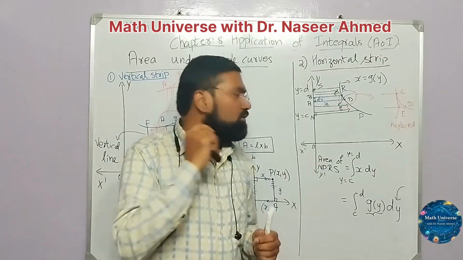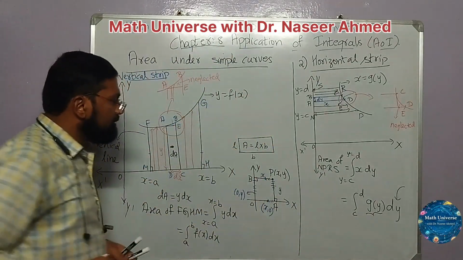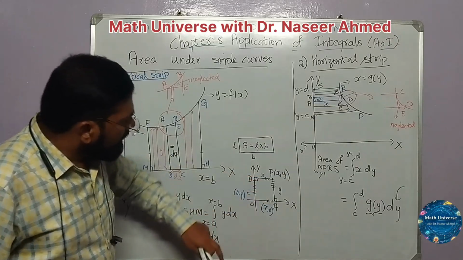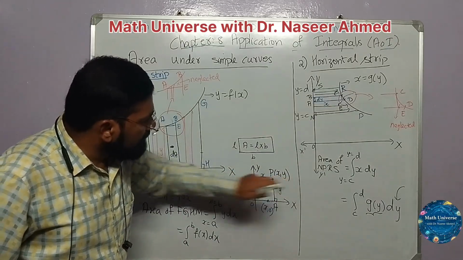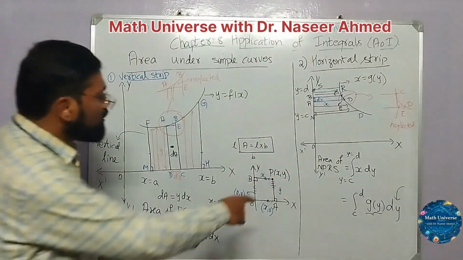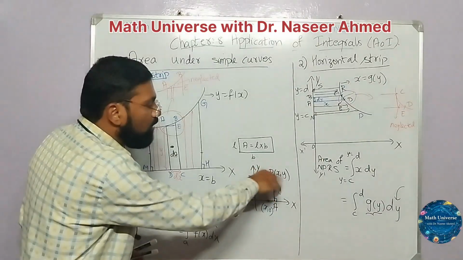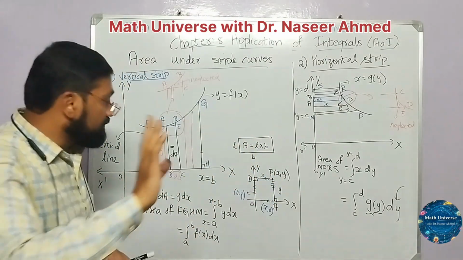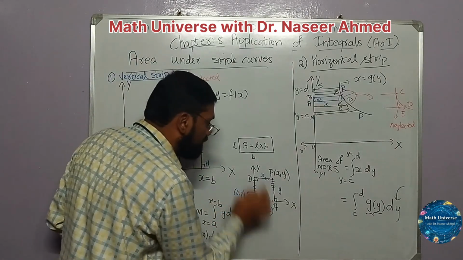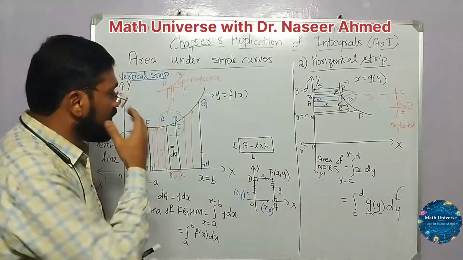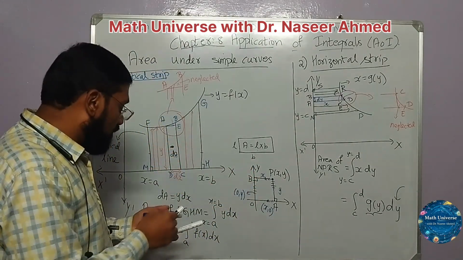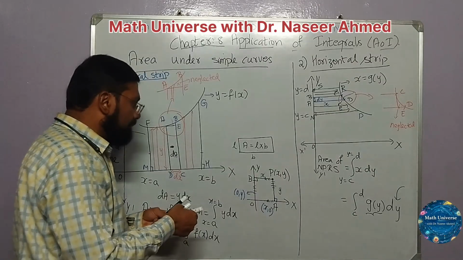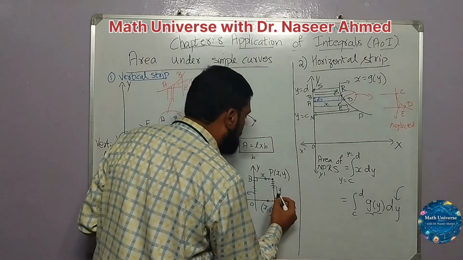Now see carefully one important thing here. Here it is the first quadrant, due to which both x coordinate and y coordinate are positive. Due to which I have not taken x and y modulus, for both I have not taken mod. Because when I go for second, third and fourth, x and y are not always positive. So thinking about that, I am going to use modulus for both.